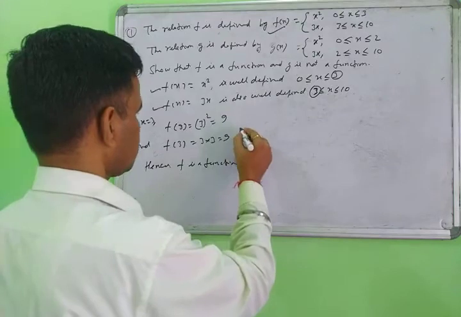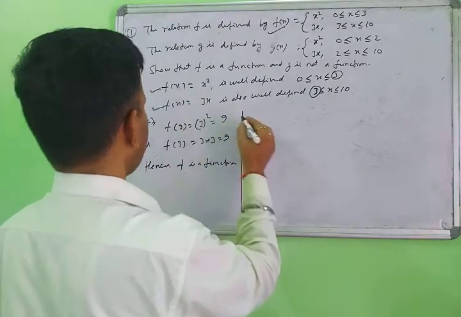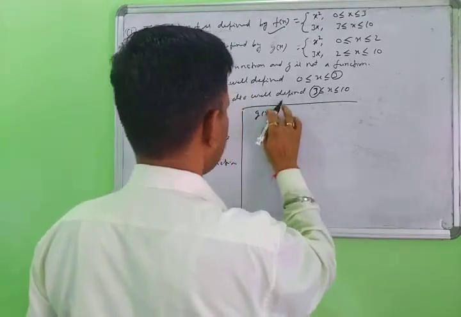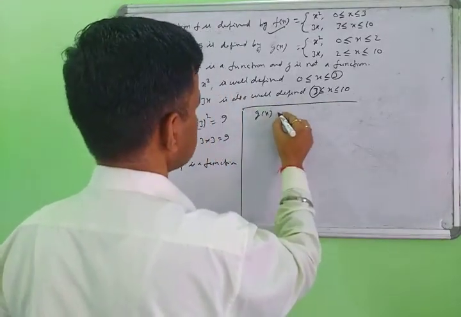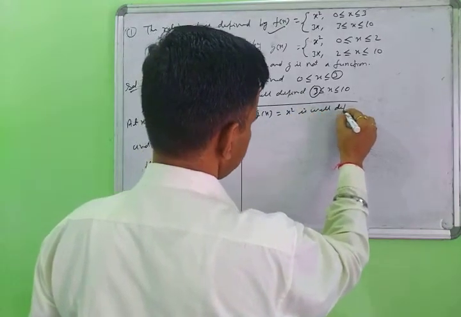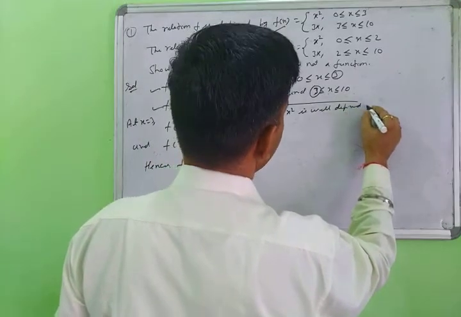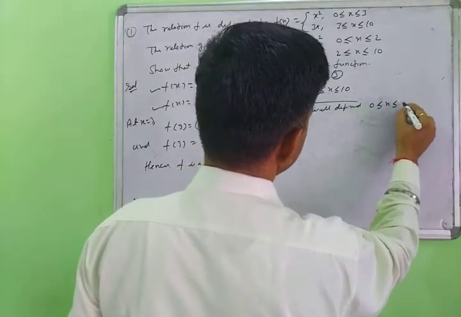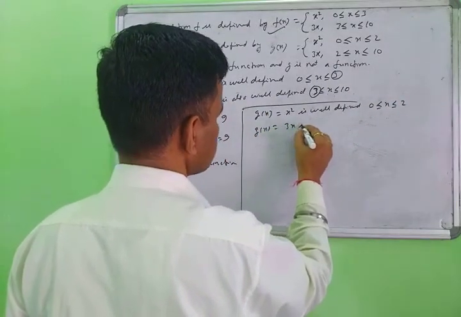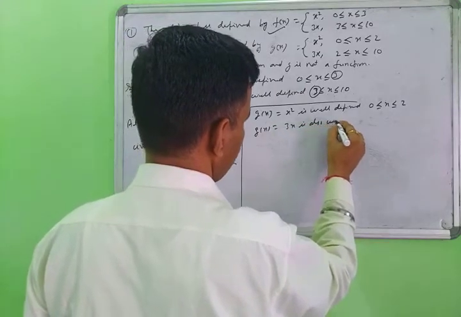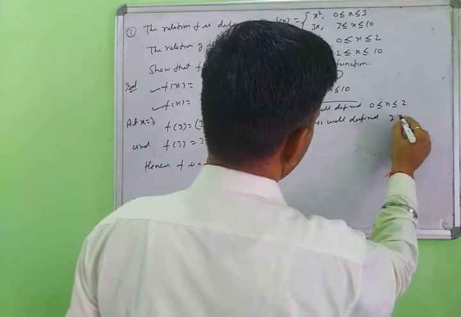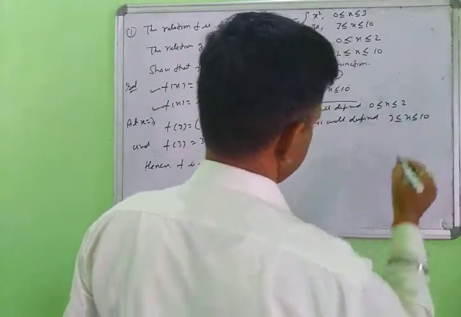Second part. Here now g(x) equal to x square is well defined for 0 less than or equal to x less than or equal to 2, and g(x) equal to 3x is also well defined for 2 less than x less than or equal to 10.